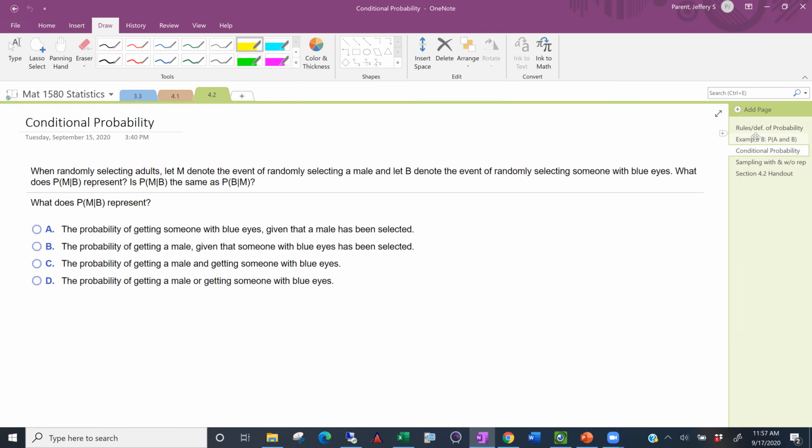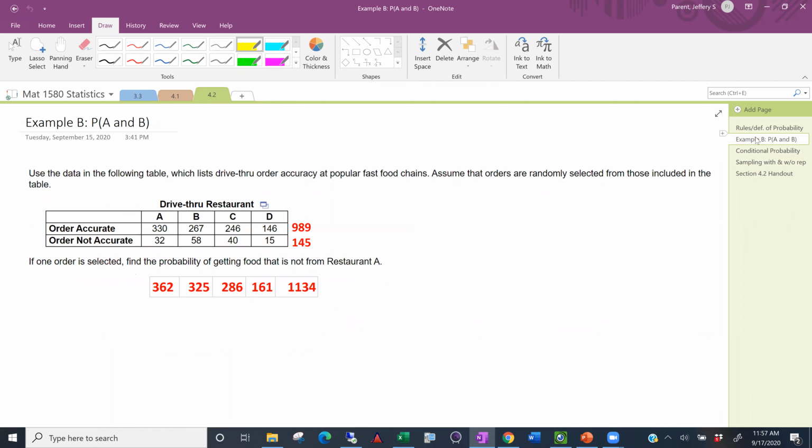There we go. All right, drive-through restaurants. So I'll give you a minute to copy this down into your notes while I do likewise.